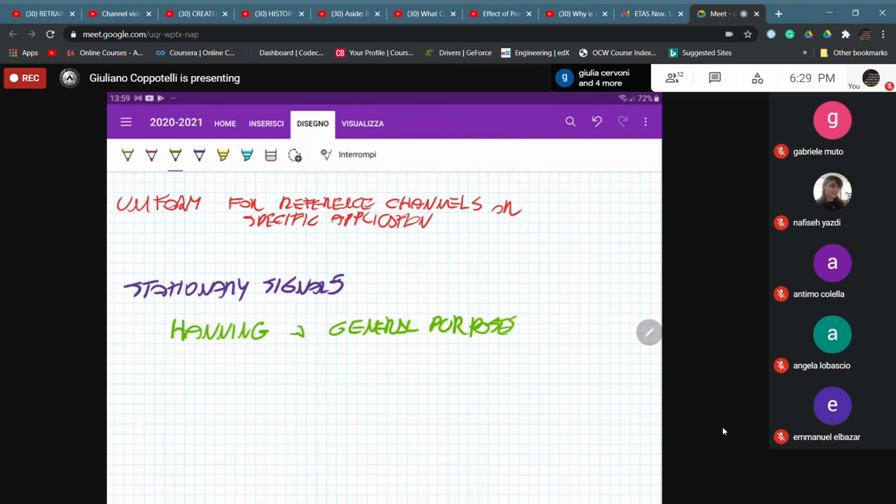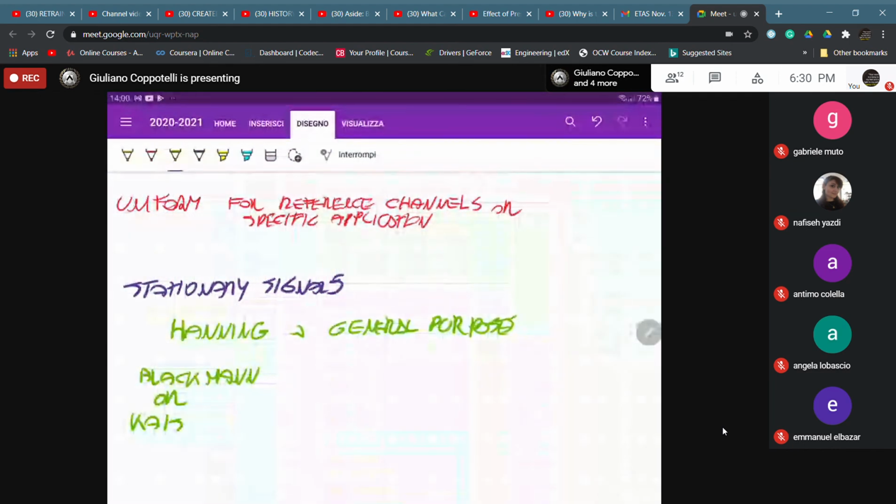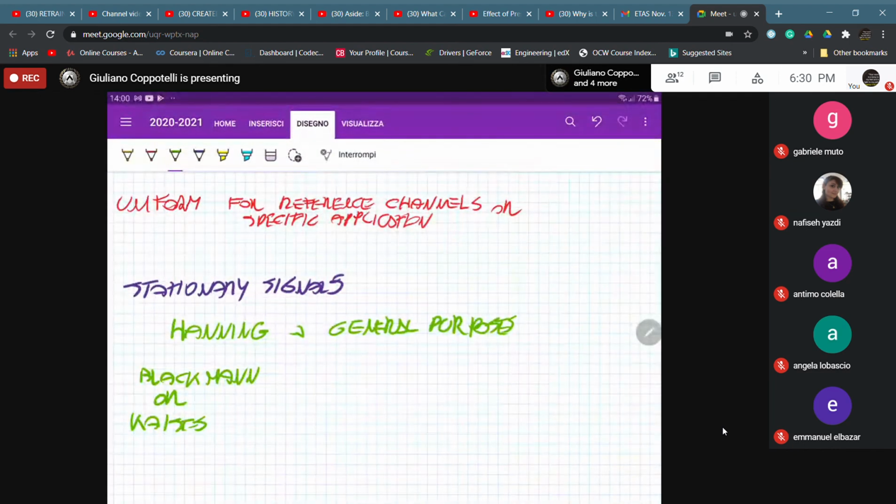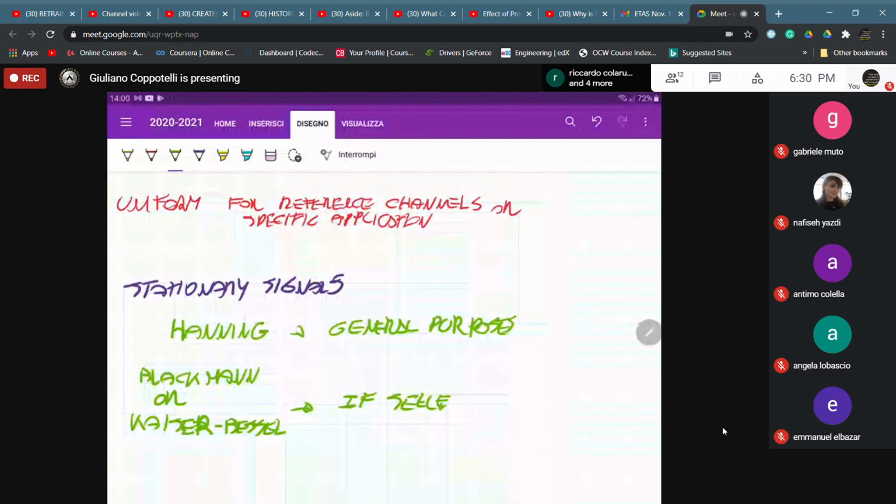Then Blackman or the Kaiser-Bessel window, and this type of window is used if selectivity, which you already defined, is important.